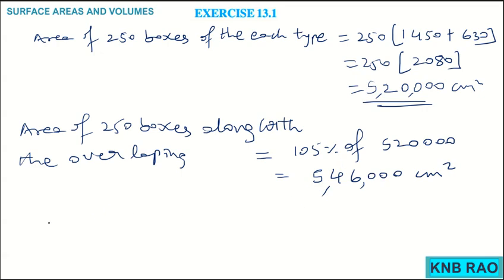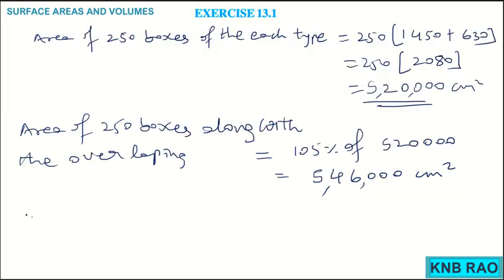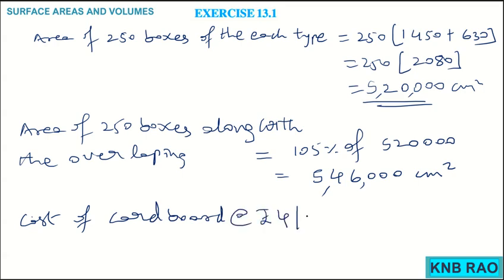See, we have to find the cost of cardboard. So the cost of cardboard at the rate of rupees 4 per 1000 centimeter square will be 5,46,000 into 4 rupees by 1000.